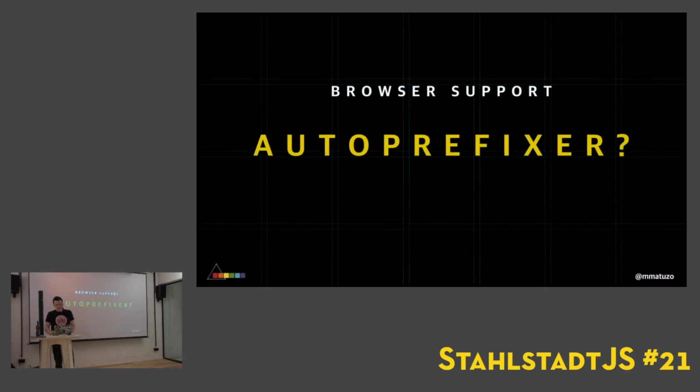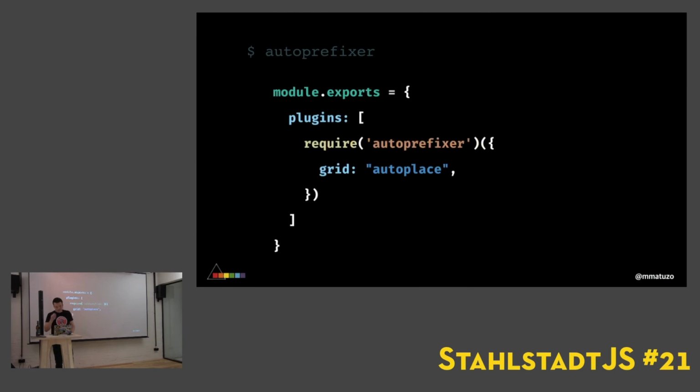But what about Autoprefixer? Isn't there anything Autoprefixer can do? Those guys are smart. I'm sure they have a solution for us. Well, let's see. First of all, you have to enable auto-prefixing for grid properties, because the specifications are so different that the maintainers decided to make it opt-in. So you have to explicitly define that you want to prefix grid properties.